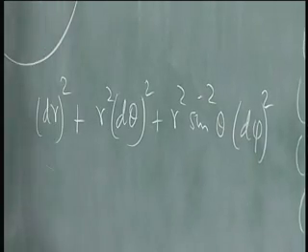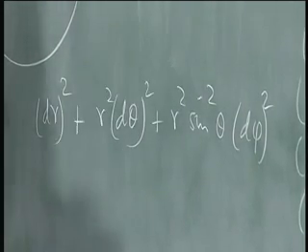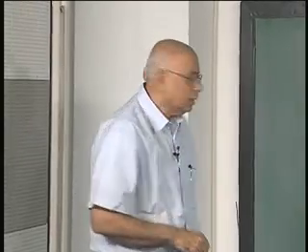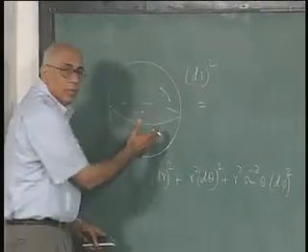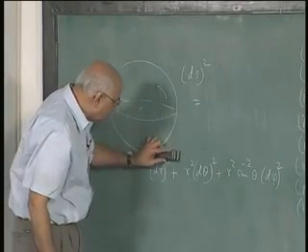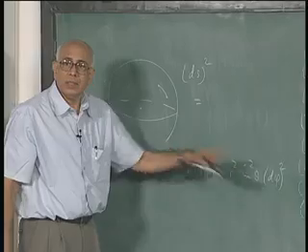This is the distance written in spherical polar coordinates between 2 points in 3-dimensional Euclidean space. But now you are on the surface of the sphere where r is a constant, so there is no question of dr, this term goes away and you have this thing here.